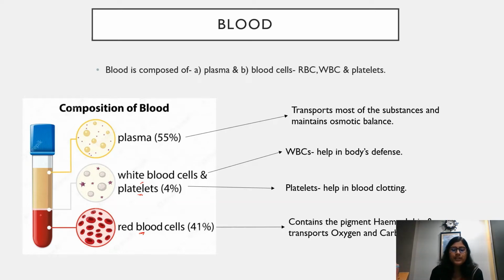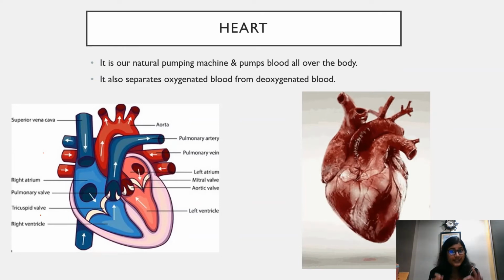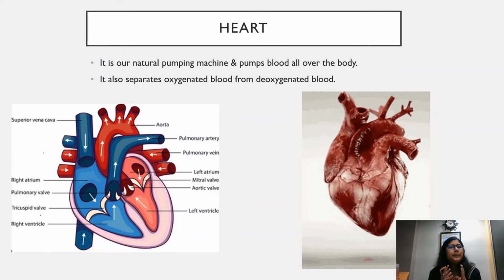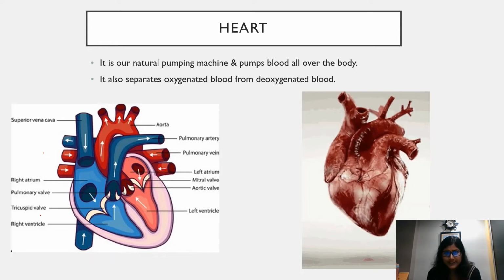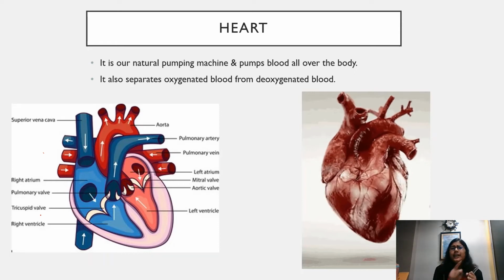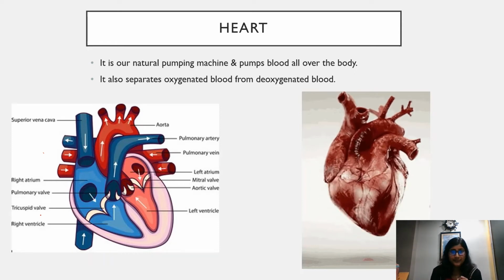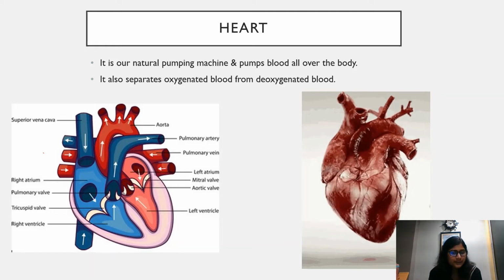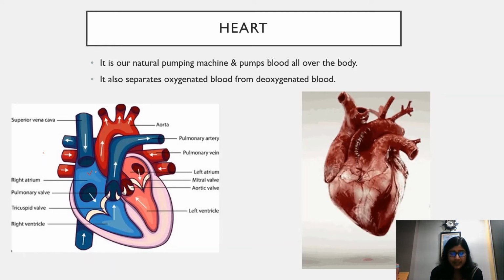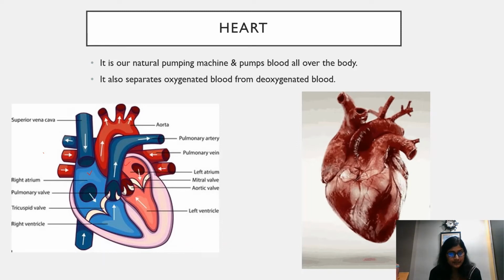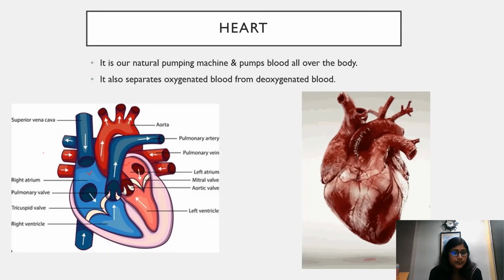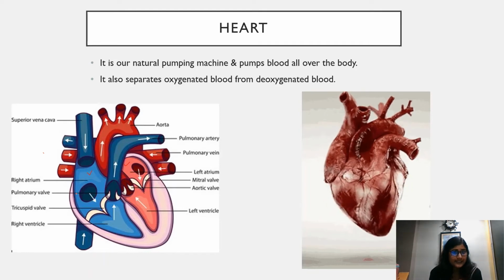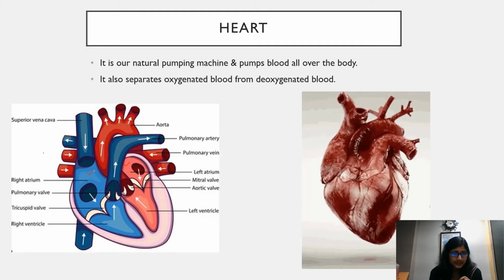Now come to the heart. The heart is our natural pumping organ and it pumps blood so forcefully that the blood can travel to every corner of our body, and the heart also separates deoxygenated blood from oxygenated blood. How? Let's see in this figure. The right portion of the heart contains mainly deoxygenated blood.